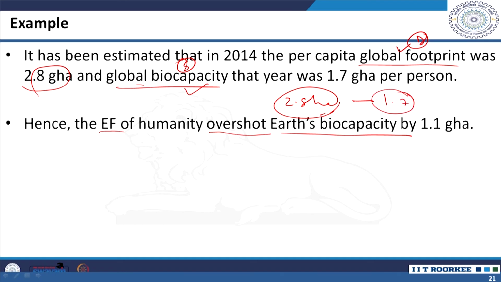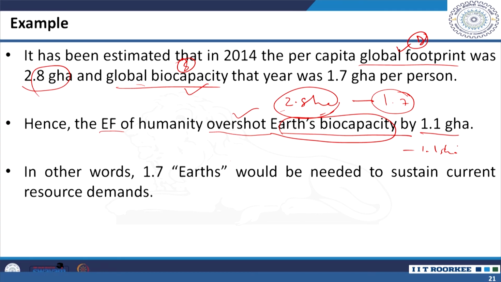If supply is less than demand, then we are finding a scarcity, an ecological deficit. In other words, the ecological footprint overshot the Earth's capacity by 1.1 GHA, or in terms of deficit it is minus 1.1 GHA.